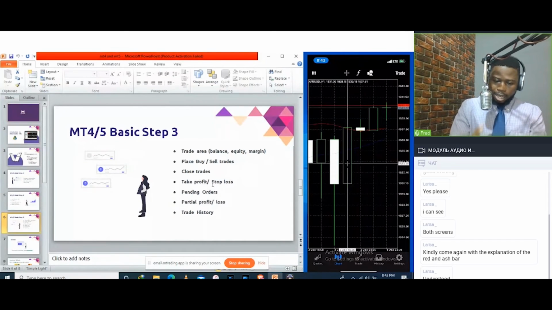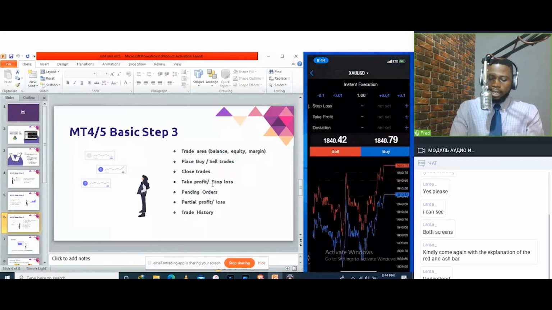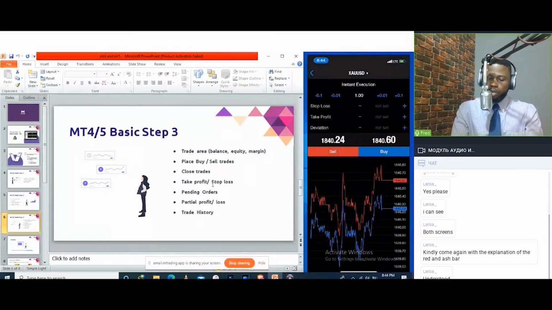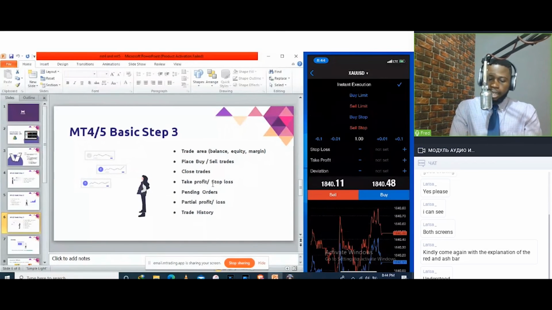So let's say I want to place a trade at the price of 1841. So right now the price is not at 1841, so I can't execute my trade. So that's where I use the buy stop. If you go to the trade section, you see we have instant execution here. You click on the instant execution, and you can see the pending orders just opened here.